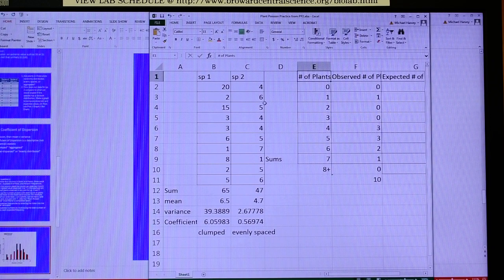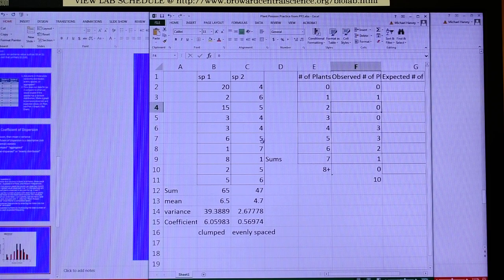Now, how many of the plots have 1? I have 1 plot. Remember, this is the observed number of plots. I have 1 plot with a single plant. Out of all of my plots, how many have 2? None of them do.